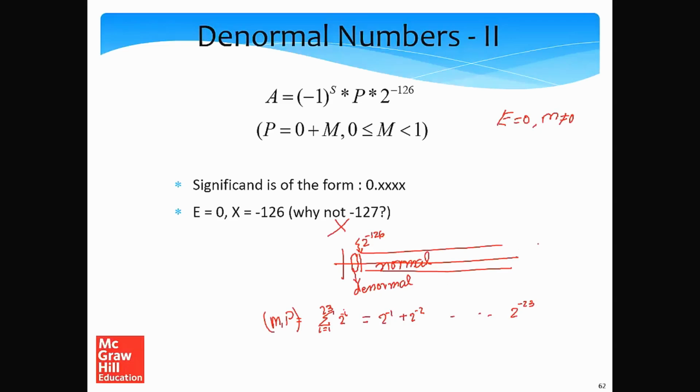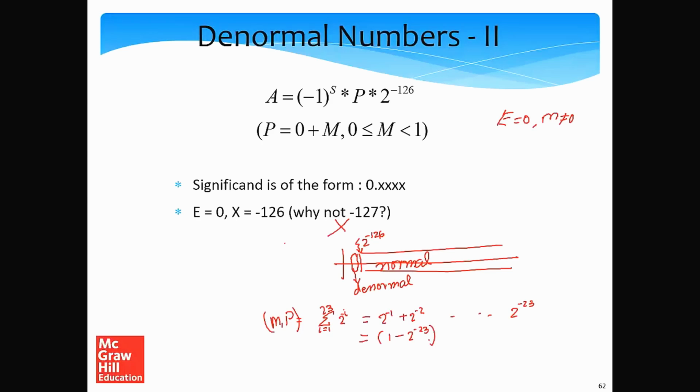When we look at any kind of a geometric series summation, we can expand the geometric series and do some maths. I'll write down the result directly, and the result is 1 minus 2 to the power minus 23. This is an important result, and this will come many times in the book and in our discussion.